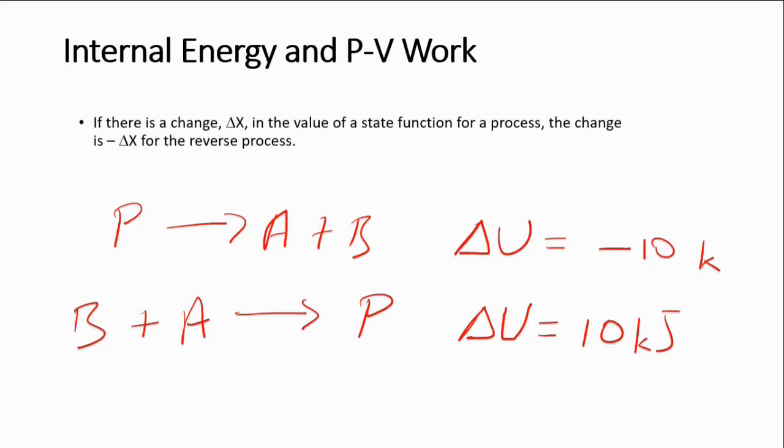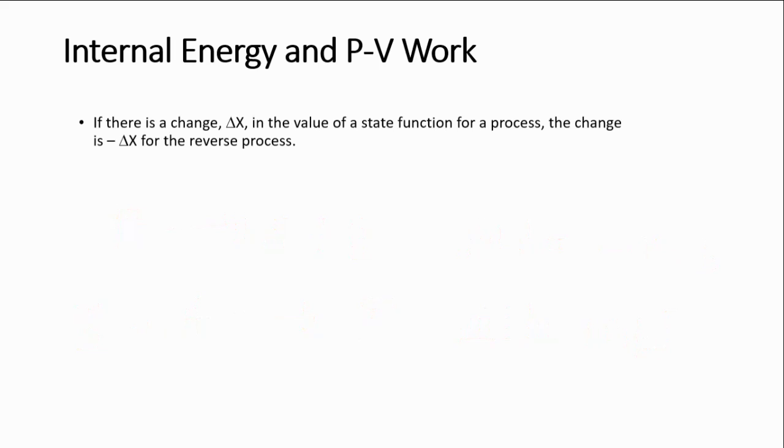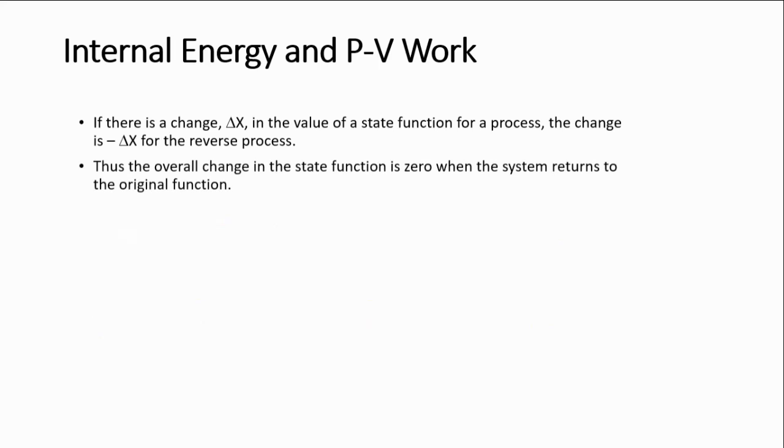If there is a change, delta x, in the value of a state function for a process, the change is negative delta x for the reverse process. That's all that is saying. Now, the overall change in the state function is 0 when the system returns to the original state. What are we saying there?